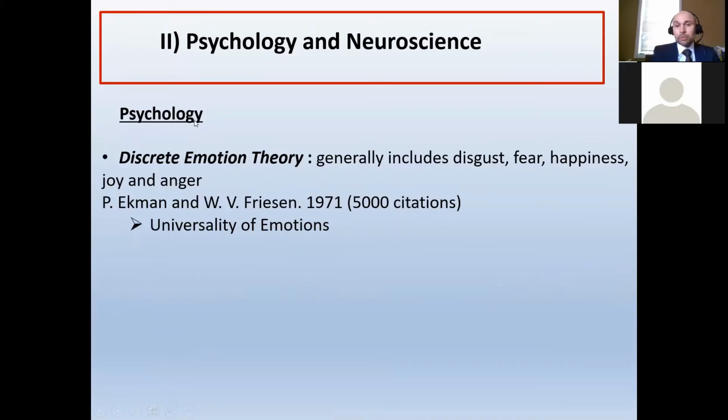So the conclusion of that was that these emotions are universal. They do not depend on some culture or things like that.